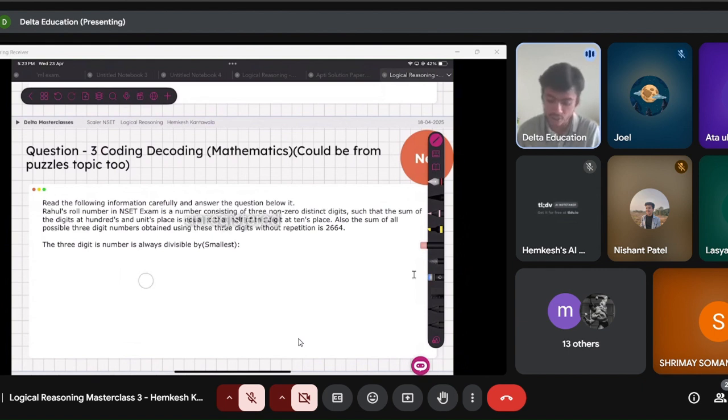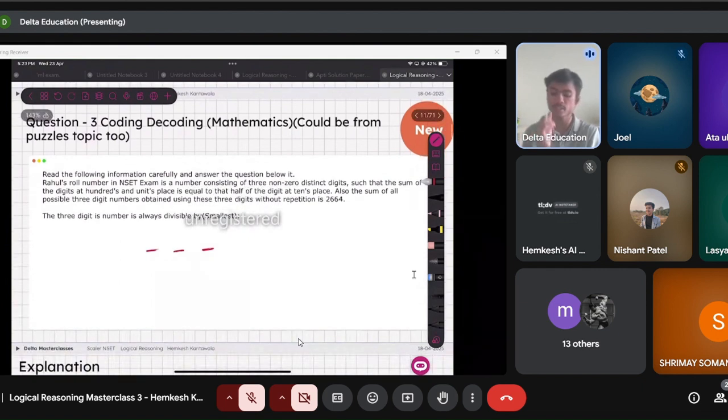So it was a 3-digit roll number with distinct but non-zero digits, such that the sum of the digits at the 100th place and units place is equal to half the digit at the 10th place. Also, the sum of all possible 3-digit numbers obtained using these 3 digits without repetition is this.